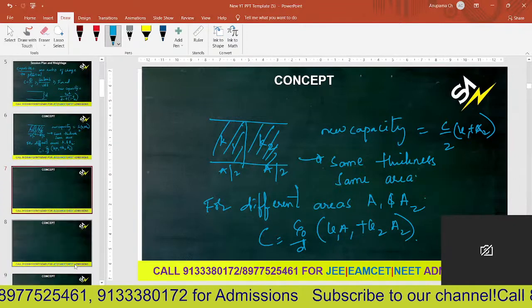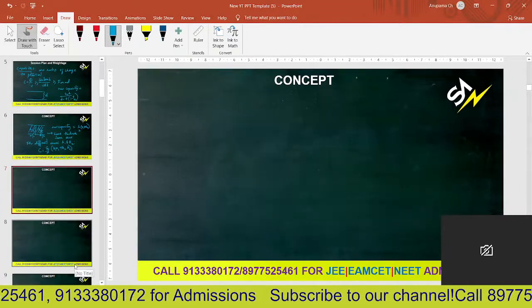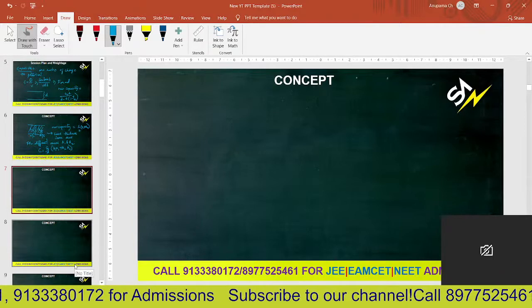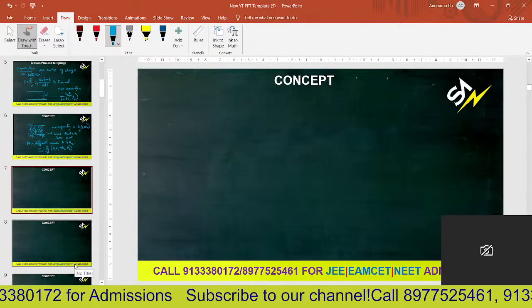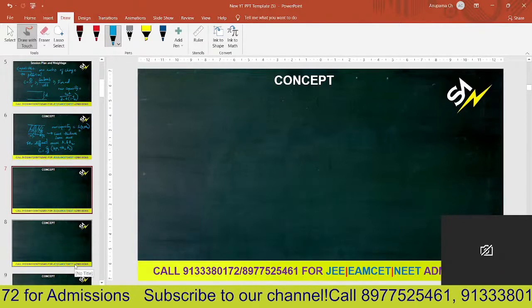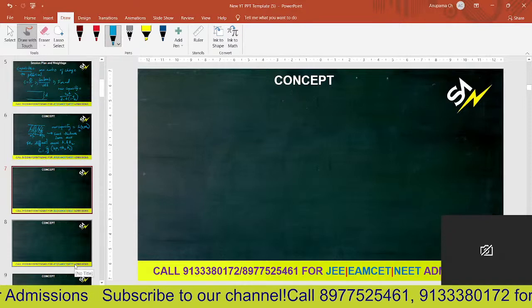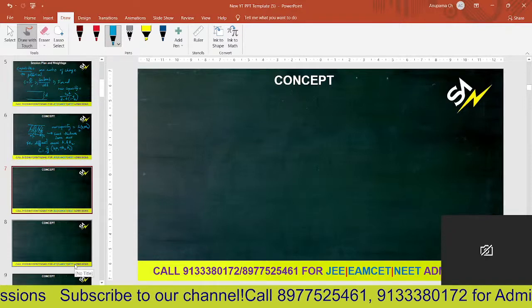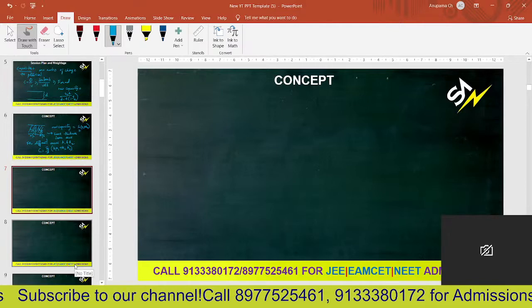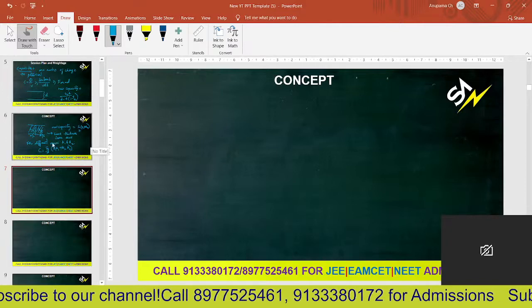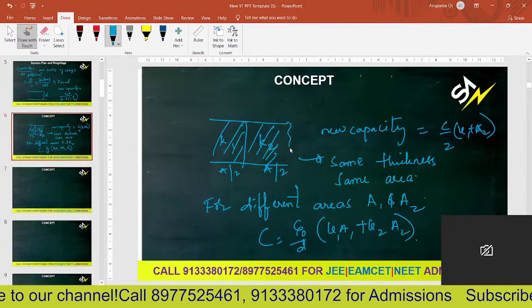Okay. Now in the next case, if two dielectric slabs of constants K1 and K2 are introduced, in the previous case we had taken this as d.